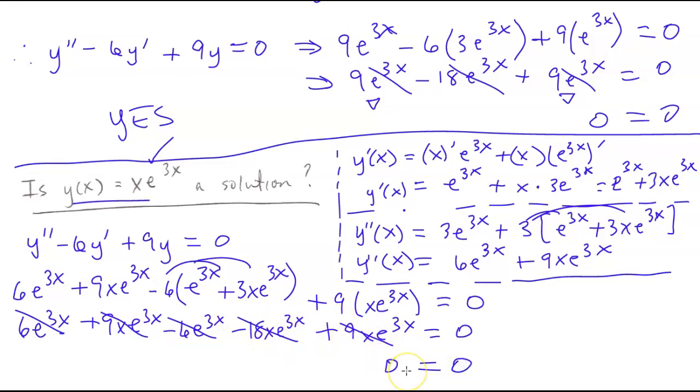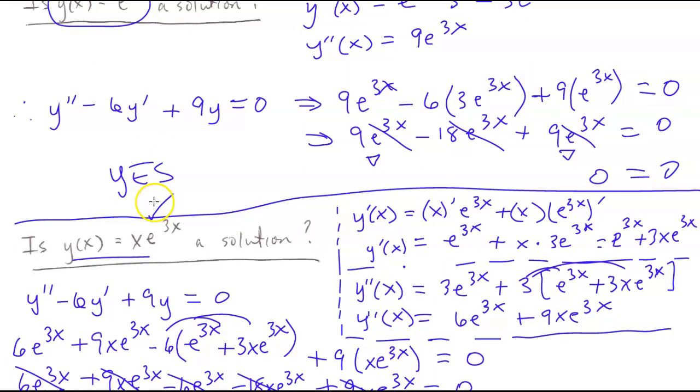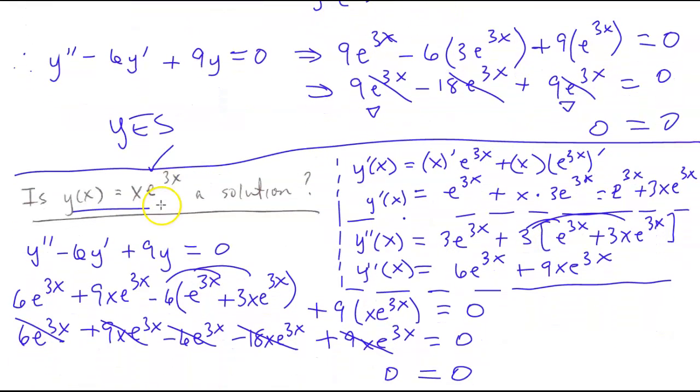And again, we see that this function, even though it looks different than the other function that we had up here, they both still satisfy the same differential equation. That's part of the reason why we did this example, to show you that differential equations do not necessarily have unique solutions.